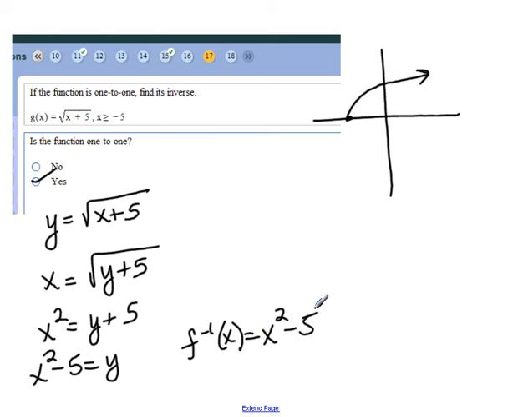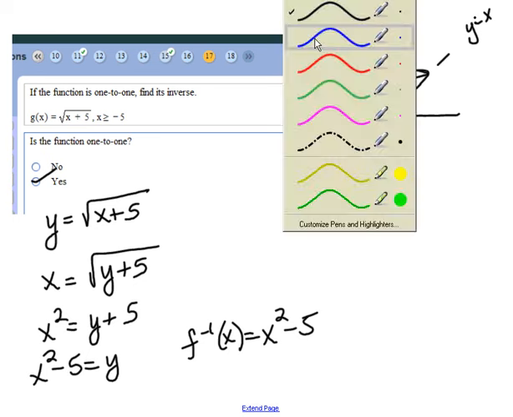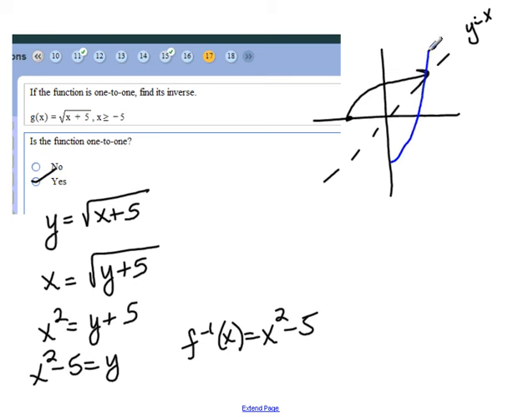Now you have to be careful with this particular one because x squared minus 5 is a whole parabola, which is not 1 to 1. The inverse of this function, if we draw the line y equals x, we should get something that looks like this. Okay, only a half parabola. So what we got to think about are the domains and the restrictions on those.